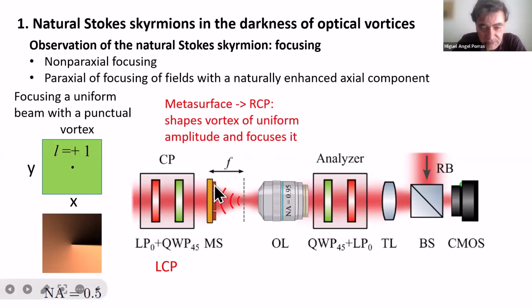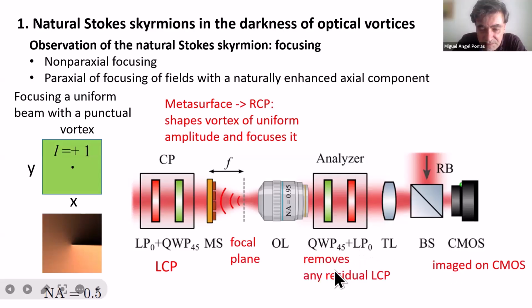We don't need a lens because it is imprinted in the meta-surface. And we want to observe the Skyrmion structure at the focal plane, which is easier because the axial component is stronger. So we have imaged the focal plane into our camera, and the possible residual left-handed circular polarization is removed with this filter.